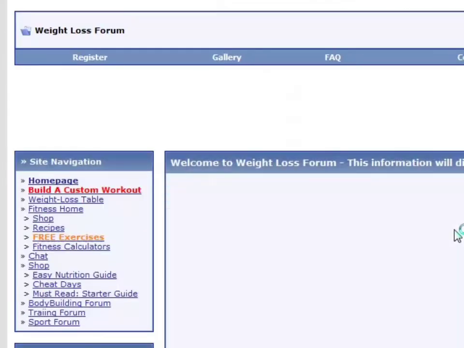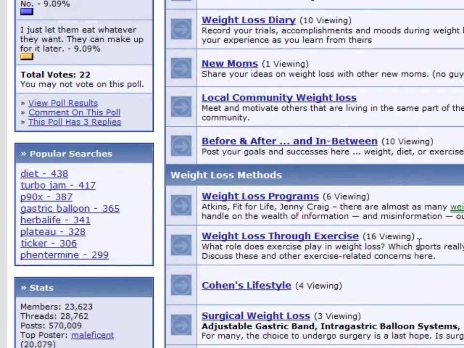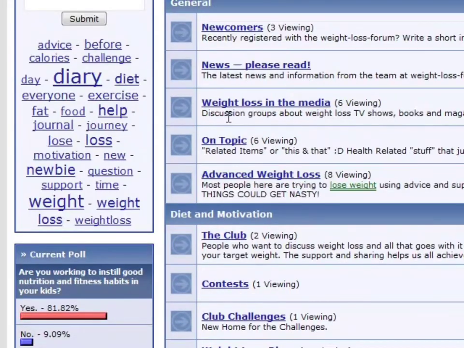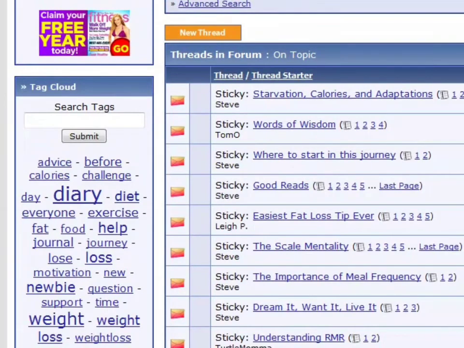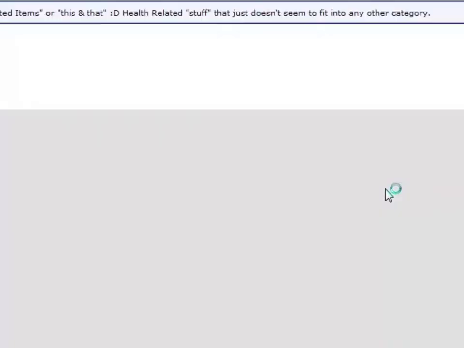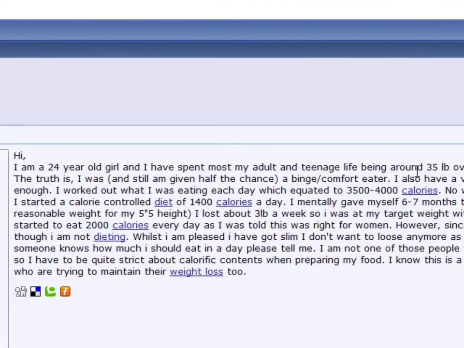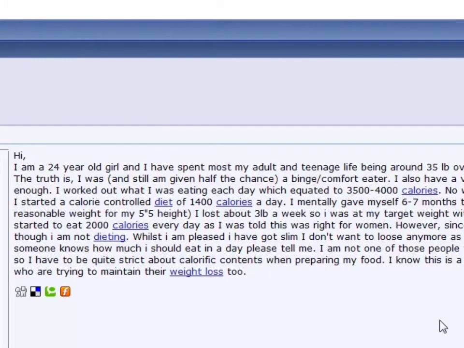And I would just start going through the posts, and I would start looking for people's frustrations. I'm just going to pick up a few of them here. About being 35 pounds overweight. The truth is, I'm a binge eater. Okay, so I'd make a diet. Well, maybe they're binge eaters.